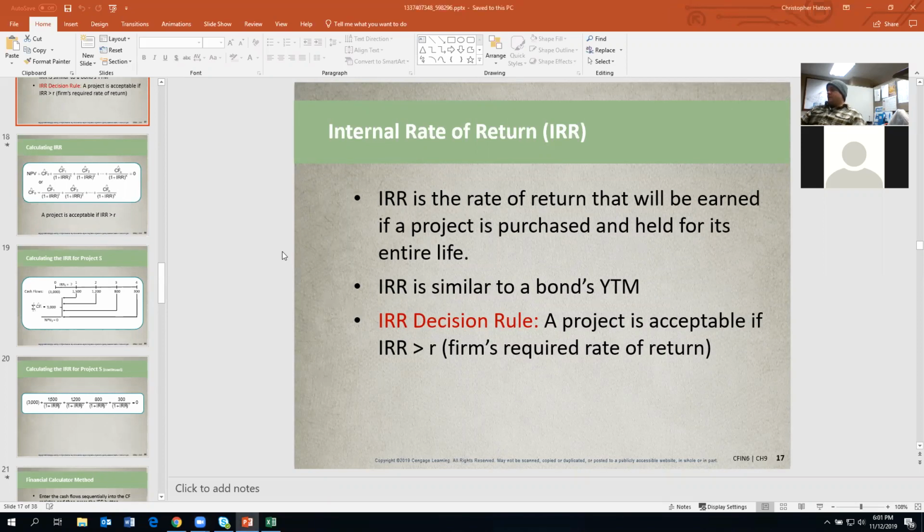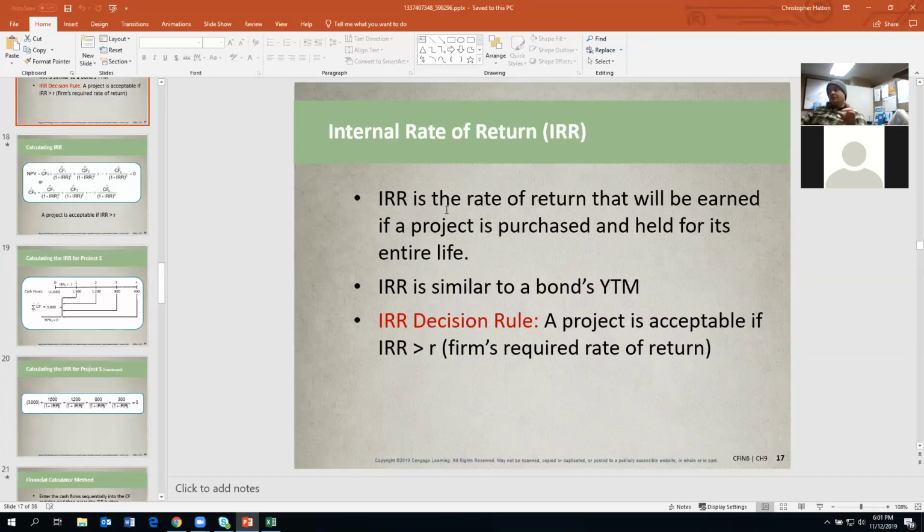All right. So the internal rate of return is what your project is proposed to give you back. So depending on your firm's required rate of return and the present value and payment numbers based off of a project or financial vehicle, you choose whether or not that project makes sense to you.